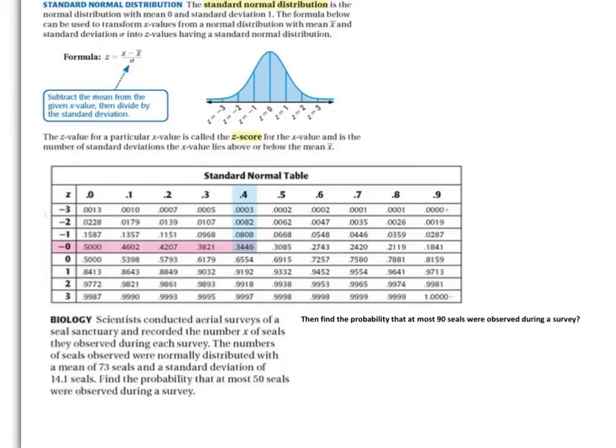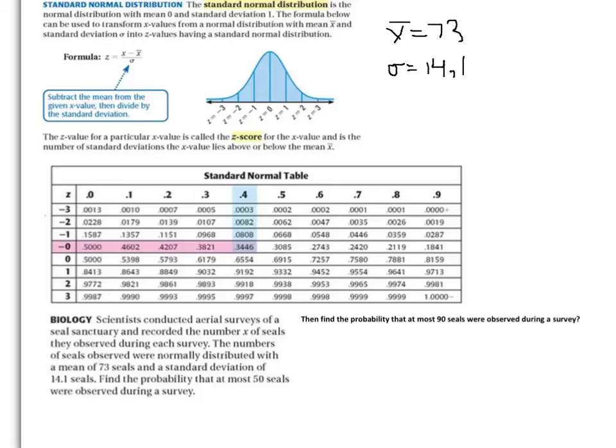The number of seals observed were normally distributed, that means we can use this, with a mean of 73, that means X bar is 73, and a standard deviation of 14.1. Sigma is 14.1. Find the probability that at most 50 seals were observed during the survey.